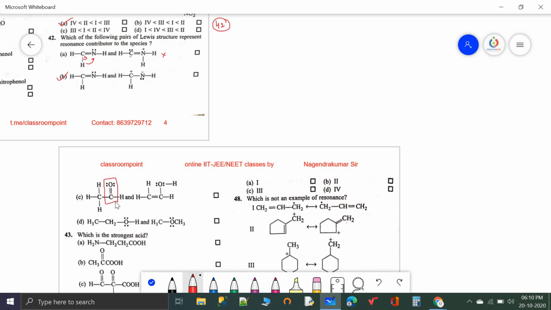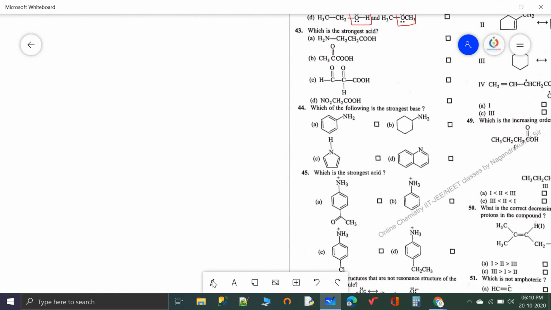These two molecules form tautomerism, not resonance. And in this case also, this is the alcohol part, and here we got the ether part. The molecules themselves are different. So only option B is correct. Now let us see question 43.